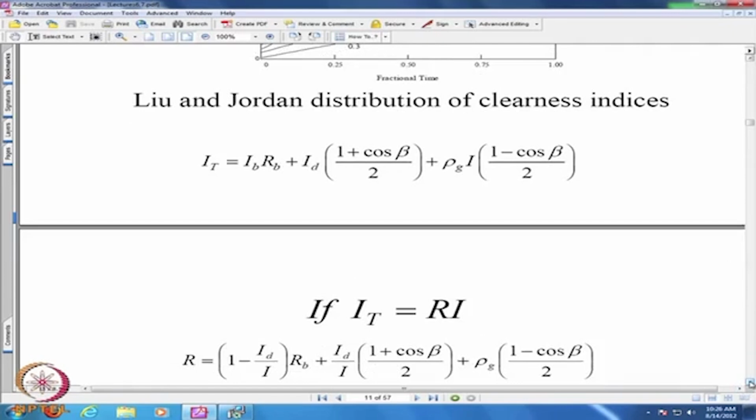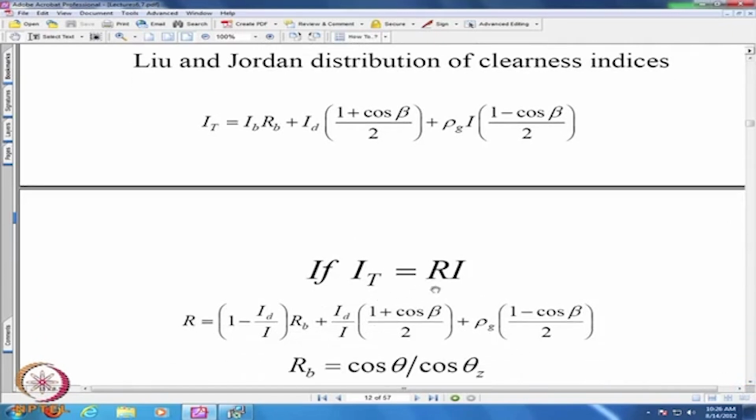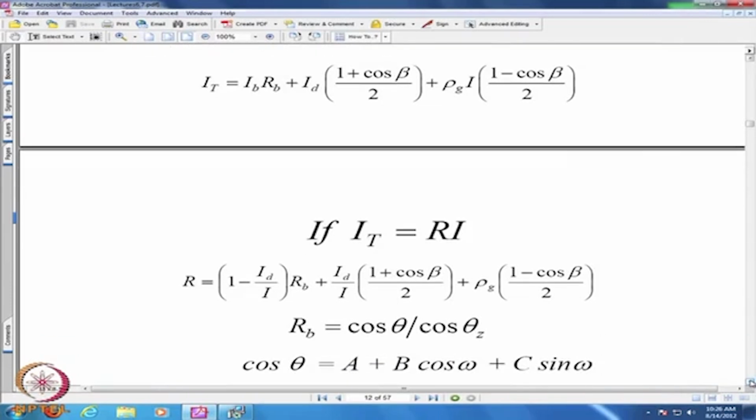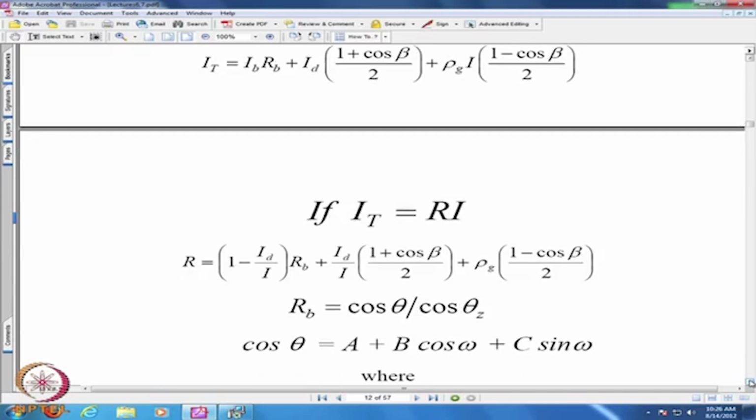So, if in general the whole of I t is expressed as a factor r multiplied by I, we have r in terms of R b, and the other quantity you can simply obtain by dividing with r. And you will notice that I try to avoid I b, and everywhere it is written as a ratio of I d by I, because we have relations for I d by I, and most of the time the measurements are on a horizontal plane.